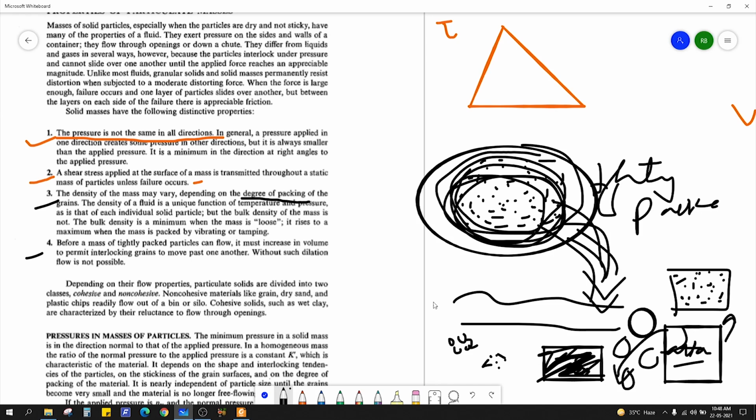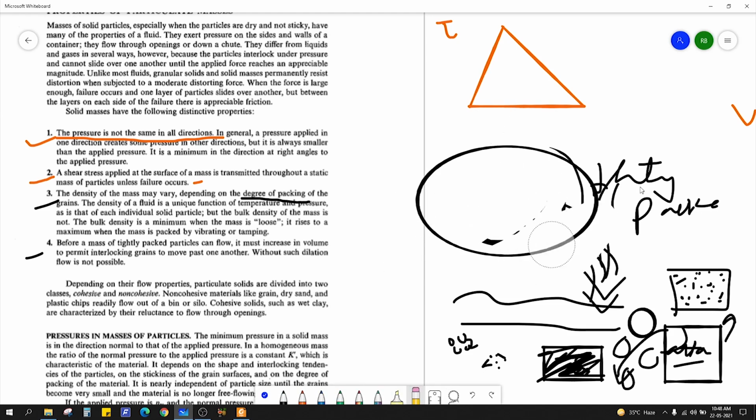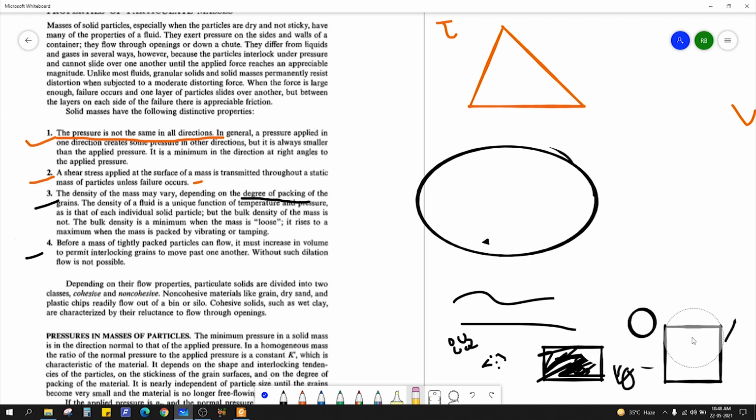So you might ask why we are studying this, because in chemical engineering you have to transport solids, right? Suppose you have a sugar factory and you want to store the sugar and transport the sugar.